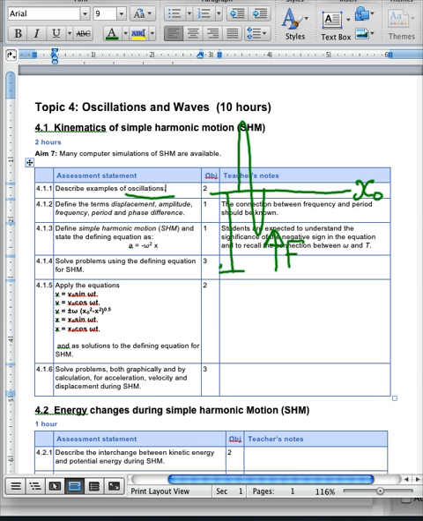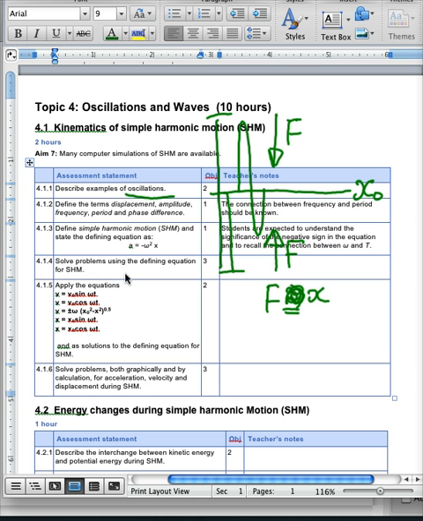Then you go up and you're up here, and you've got a big force acting downwards. So basically the force acting is proportional to the distance from the mean position. Proportional to, not equal to. You know what I mean. Proportional to.